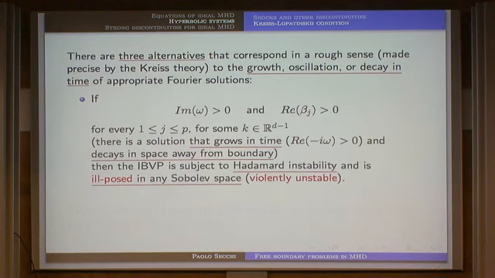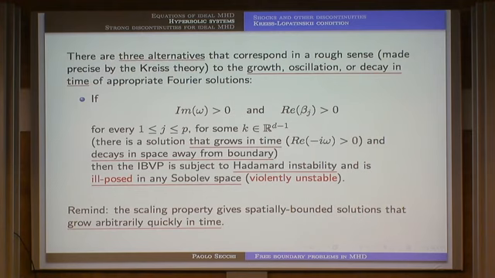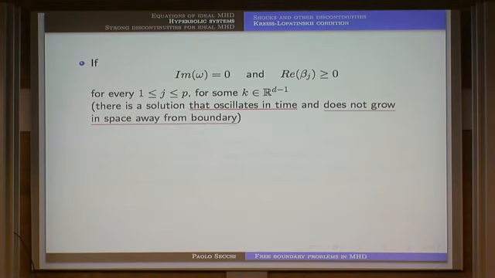So in this case, using the scaling property I said before, we have spatially bounded solutions that grow arbitrarily quickly in time. We can construct them using the scaling, and this gives a problem which is subject to this Hadamard instability, and it is ill-posed in any Sobolev space. We say that it is violently unstable. Second case, this one, the imaginary part of omega is 0.